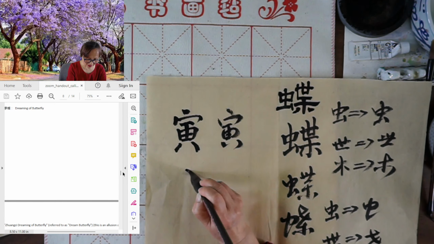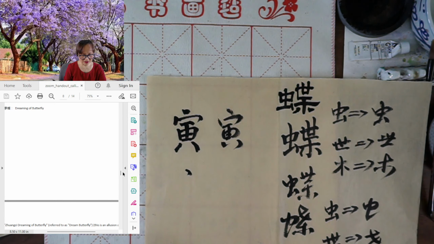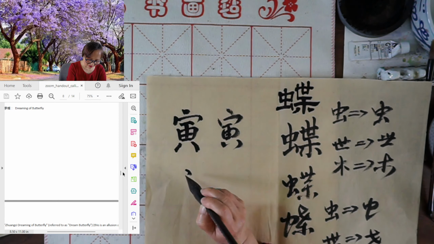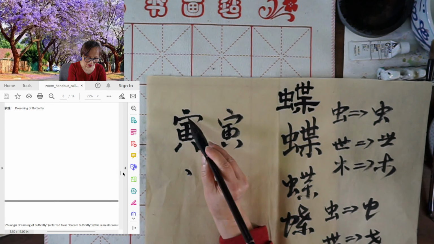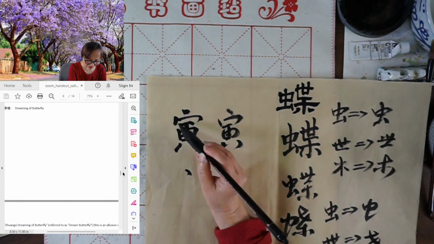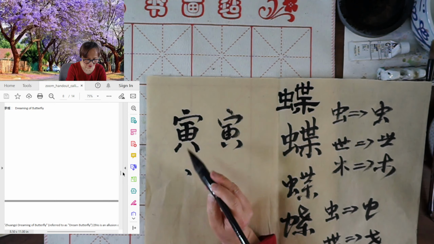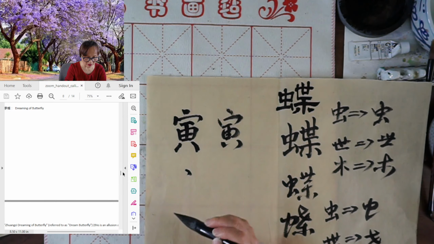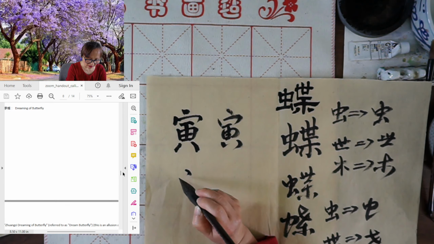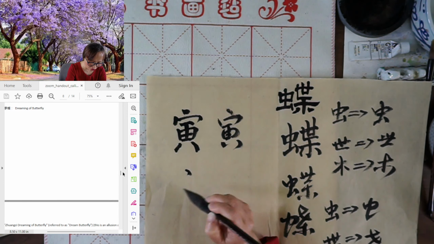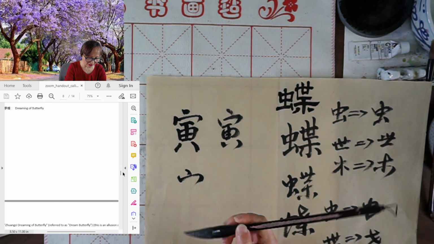For the radical, this doesn't have an individual stroke. Sometimes some people do individual strokes, but in the sample I chose last time, there is no individual stroke, but something shows a little bit like that.